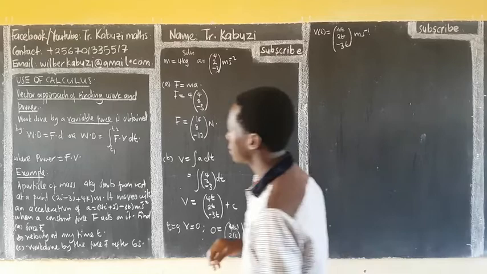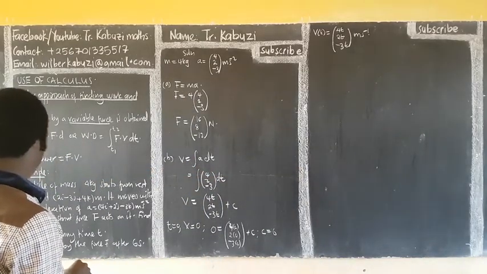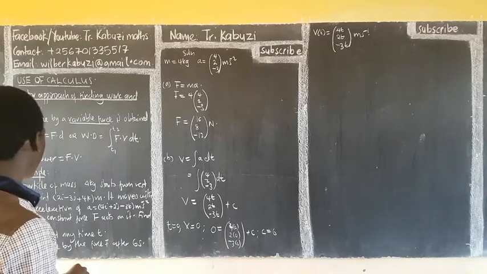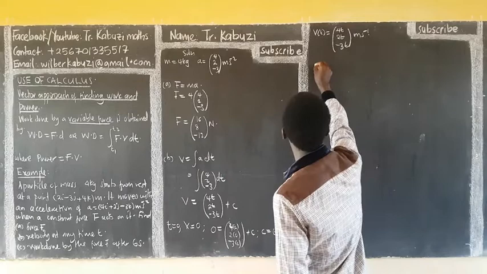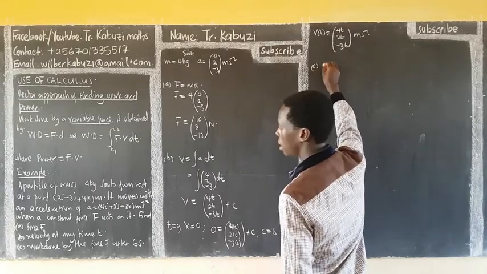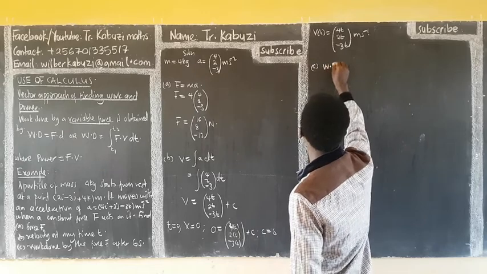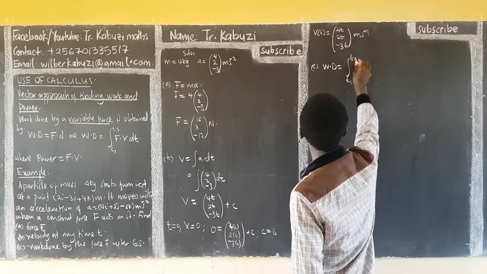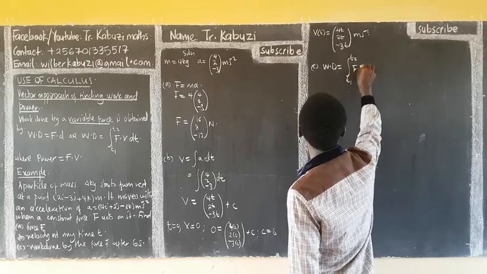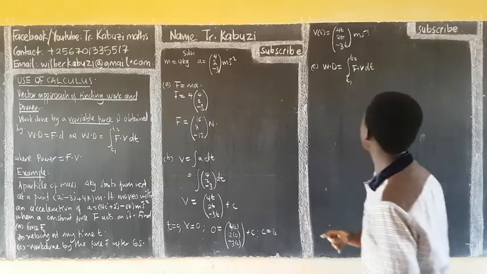Then the next part, they are telling us to find the work done by the force F after 6 seconds. So for part C, we use the velocity at any time. Our work done is the integral from t1 to t2 of force dot velocity dt.